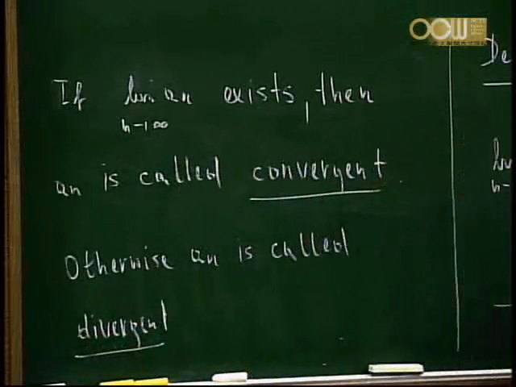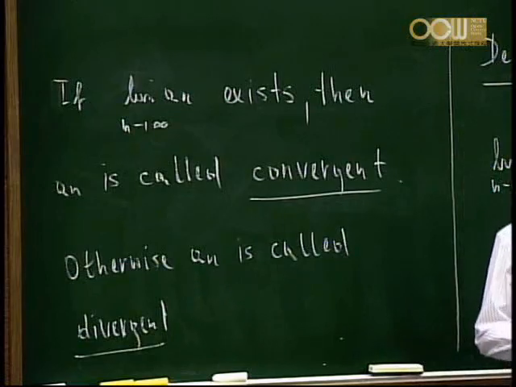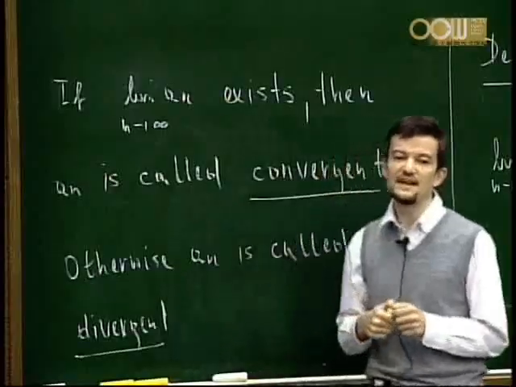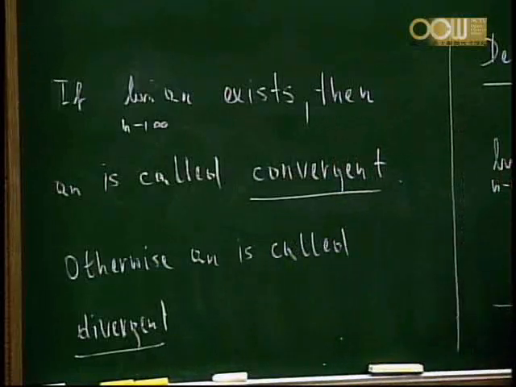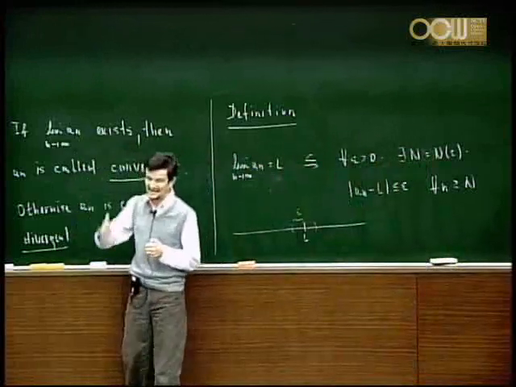If you compare the situation with limits of functions, we know that there are different ways how a sequence can fail to be convergent. But one very particular way is that as n tends to infinity, a n is getting larger and larger.